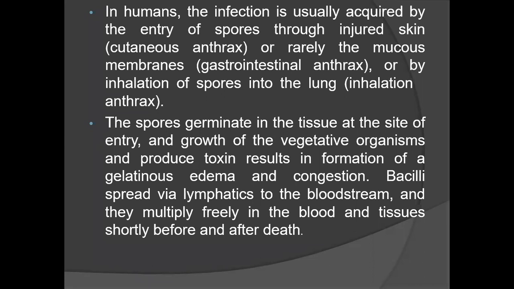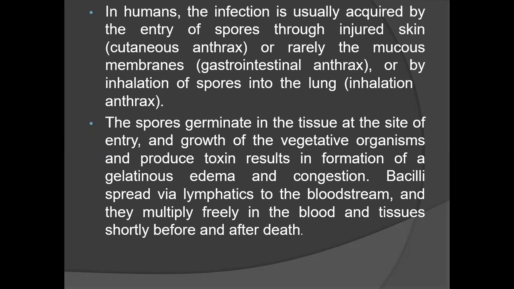Now, how the disease occurs. The spores germinate in the tissue at the sites of entry and the growth of the vegetative organisms establish infection and colonize the sites of entry.